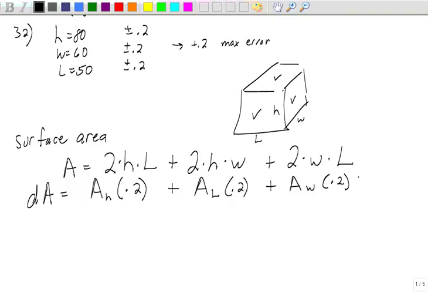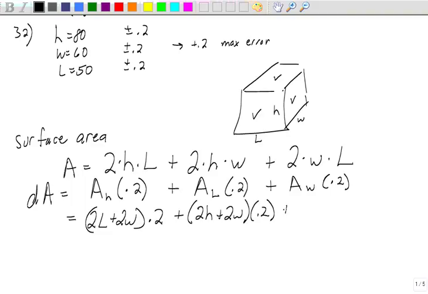The error in the width is 0.2. So when I take the derivative with respect to h, it's going to be 2L plus 2W. Everything else is a constant. With respect to L, it's 2H plus 2W. With respect to W, it's 2H plus 2L.